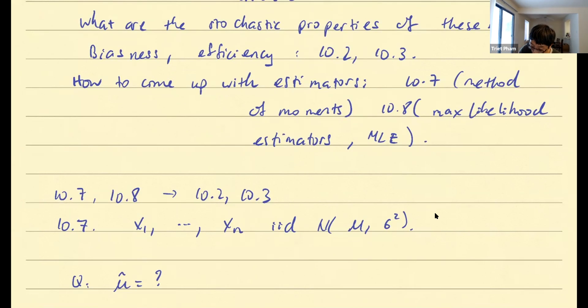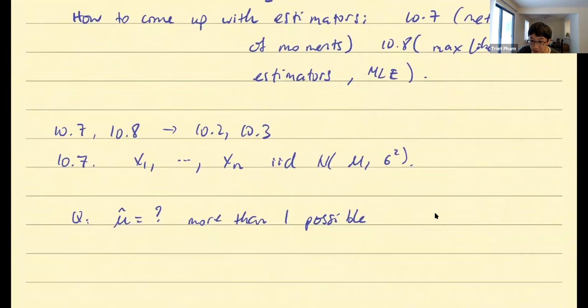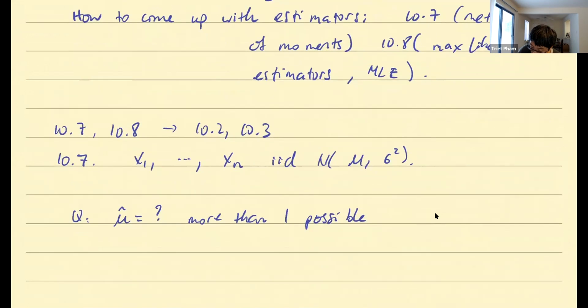All right. And that's exactly the whole point of making this business interesting, that there's no single answer for an estimator. In fact, the whole point is that there are infinitely many answers possible.